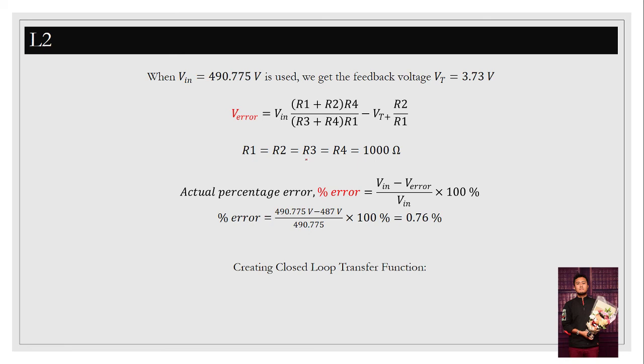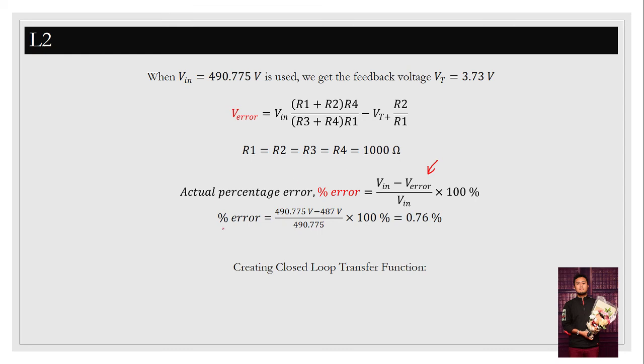Then we are going to set all the resistances at 1000 ohm. So the final formula, we get only voltage in minus voltage out. We get the voltage error here, so we plug in the values, and then from the formula we get the actual percentage error of 0.76%.